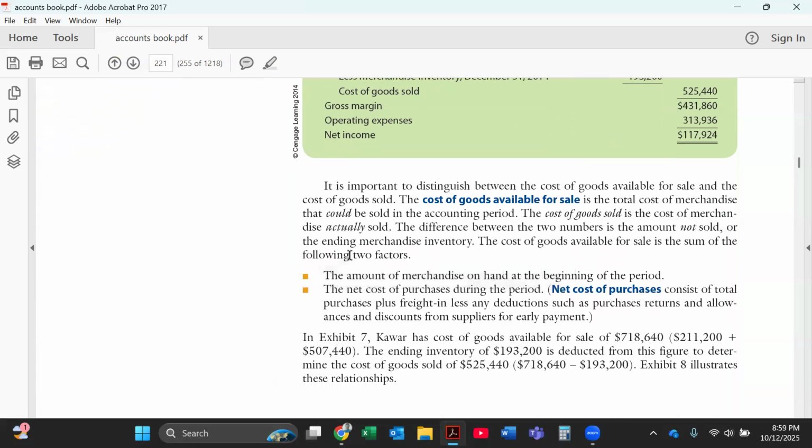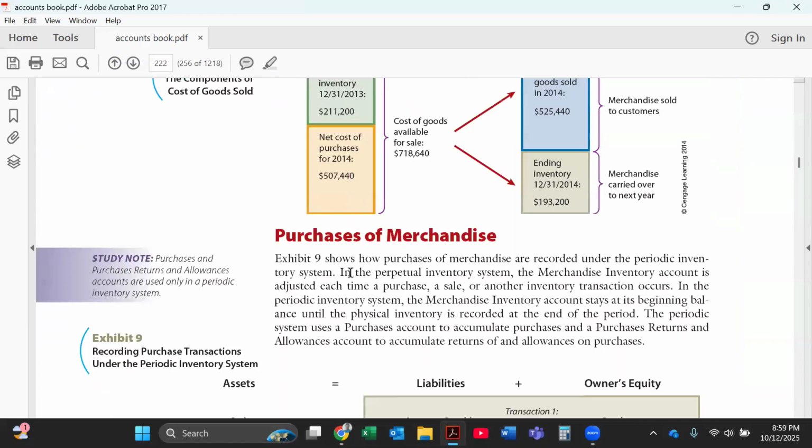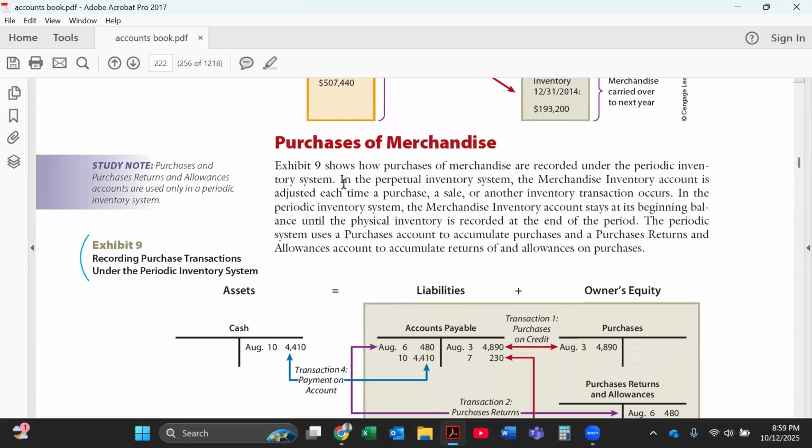Okay. And so let's go and look at the entry side of things when it comes to this periodic method, and let's identify the differences. So with the differences, like it says, in the perpetual system, the merchandise inventory account is adjusted each time there's a purchase, a sale, or another transaction occurs.